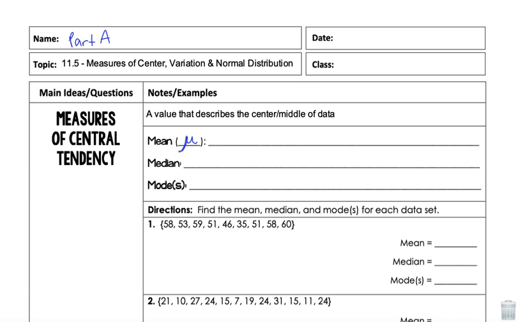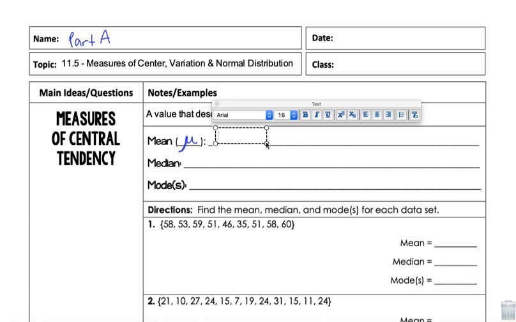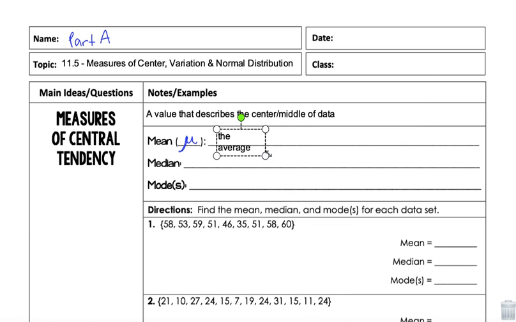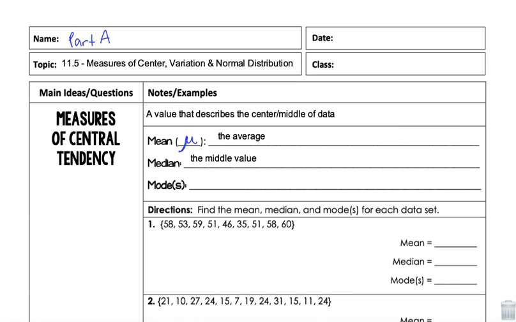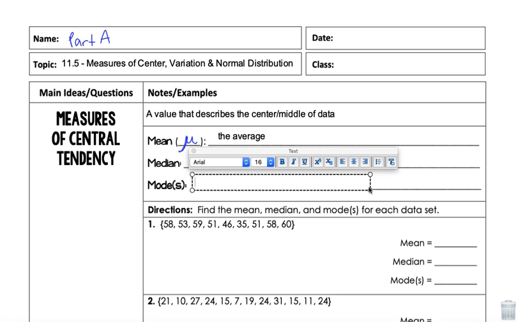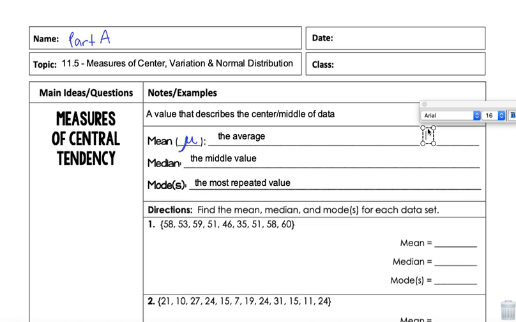So the mean you should probably be familiar with is the average value, while the median is the middle value. And the mode or modes is the most repeated value.